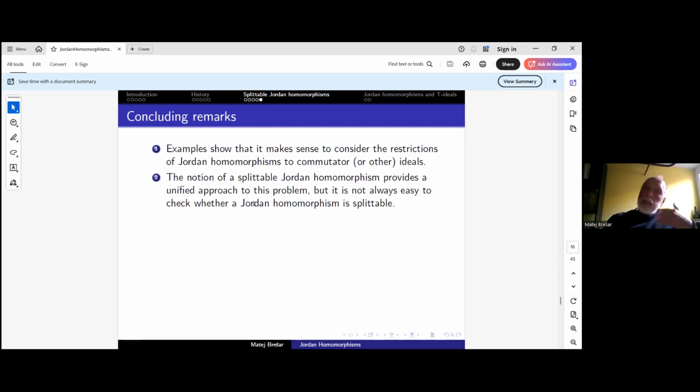And then this notion of a splittable Jordan homomorphism enables a unified approach to this problem. So it is a technical condition, and it's not always easy to check whether a Jordan homomorphism is splittable. But still, what I have shown is that some new results can be obtained. I'm not claiming that these are spectacular results, but they are new and they somehow unify several of the classic theorems.